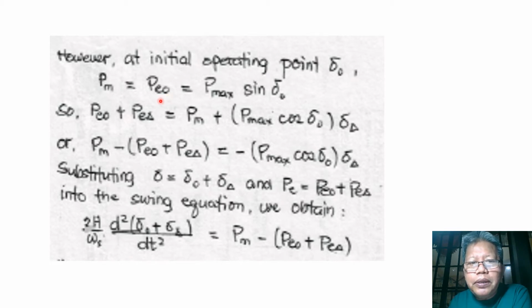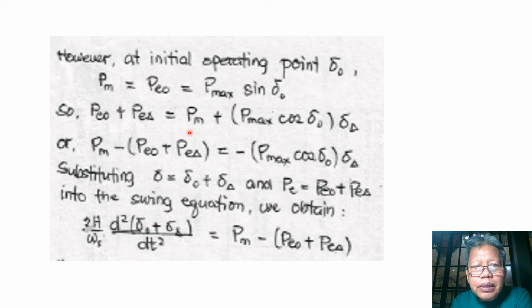And our PEO is just equal to P max sine delta O. So, therefore, our PEO plus PE delta is just equal to PM plus P max cosine delta O times delta delta.